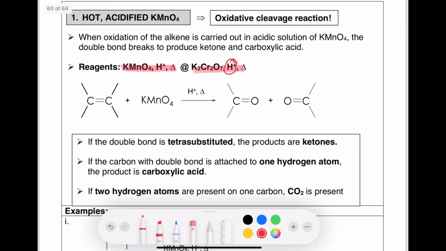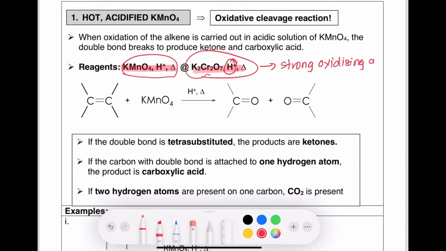Now, I want you all to know that whenever you see these two reagents, these are known as strong oxidizing agents.